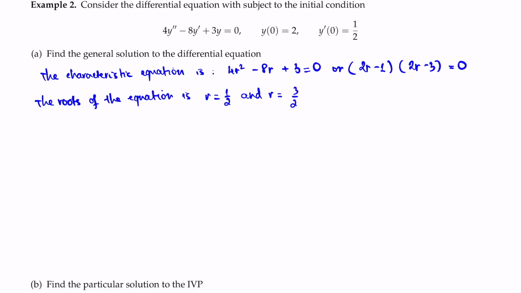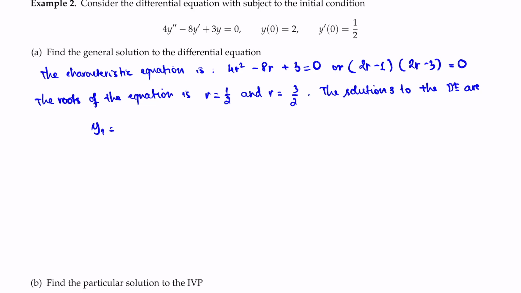Then the solutions to the differential equation are y1 equal to e to the 1/2 t and y2 equal to e to the 3/2 t. But the request is, can you find the general solution to the differential equation? To find the general solution, you need to check that the Wronskian of these two functions is in fact different from 0. If it is different from 0, then y1 and y2 are linearly independent, and they form a fundamental set of solutions.